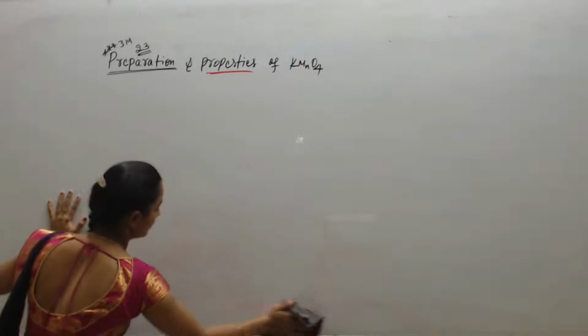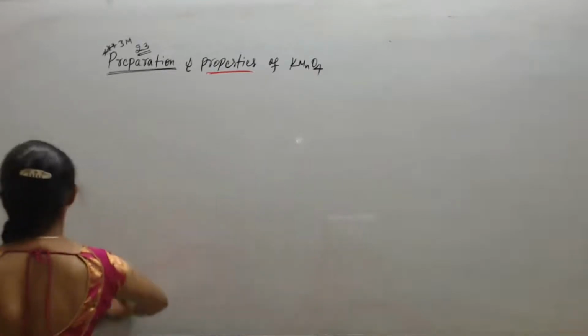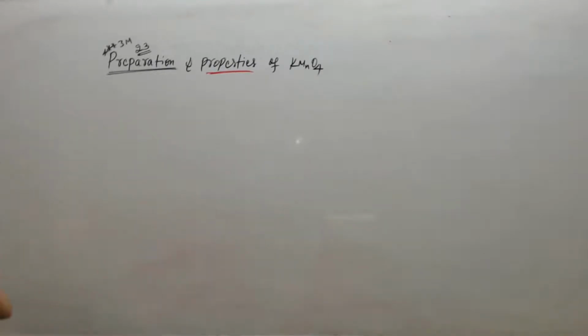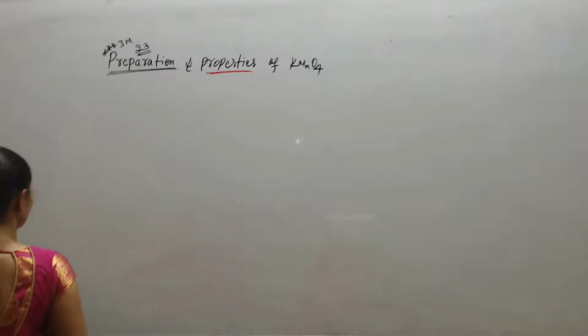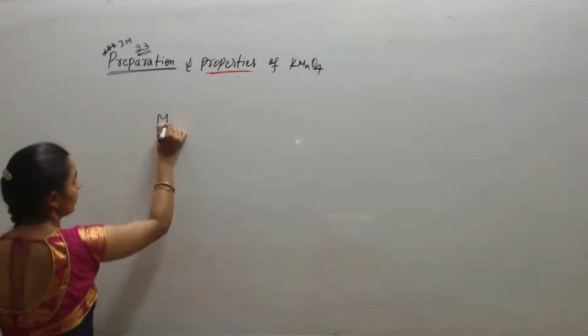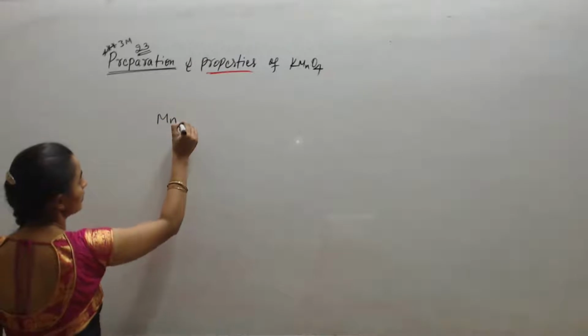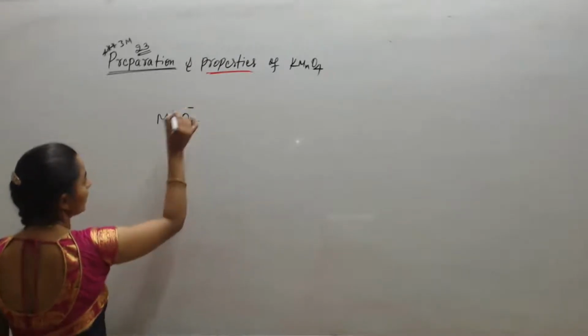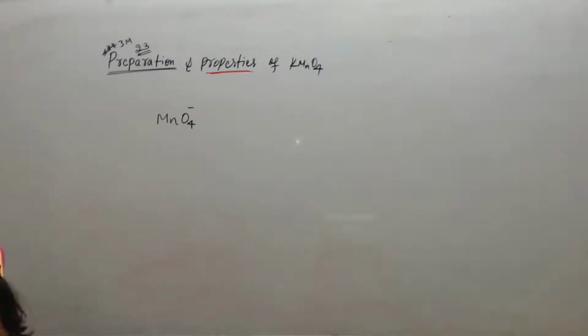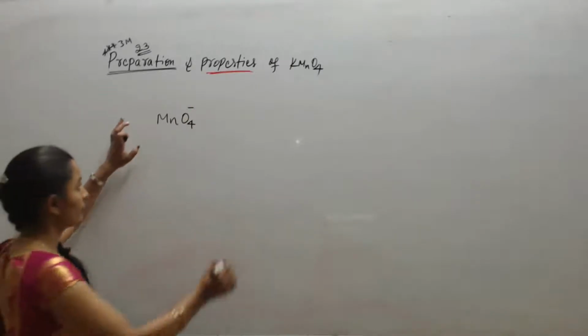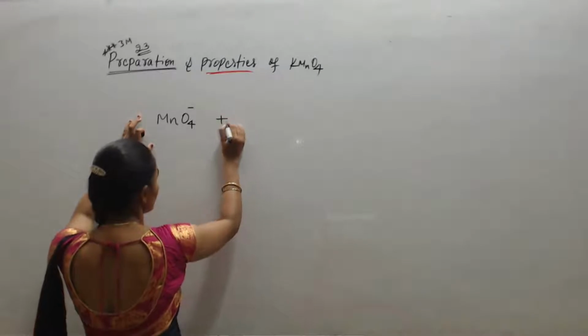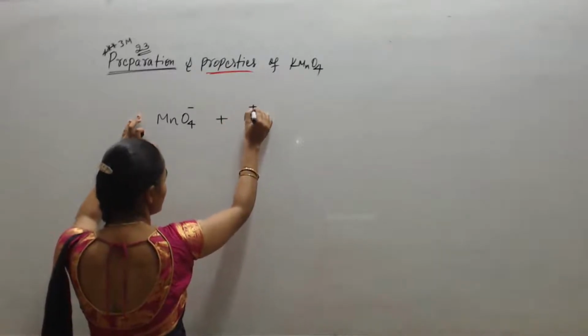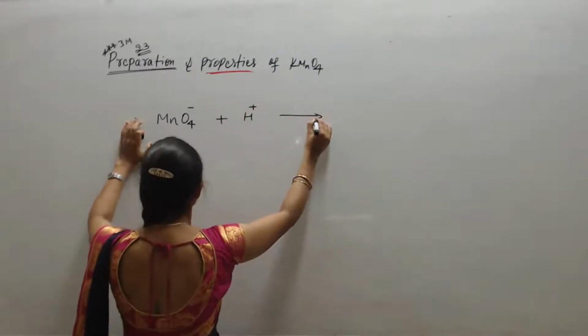Here what happens, this potassium permanganate solution in acidic medium, MnO4 minus, if it is treated with acid, changes to what?